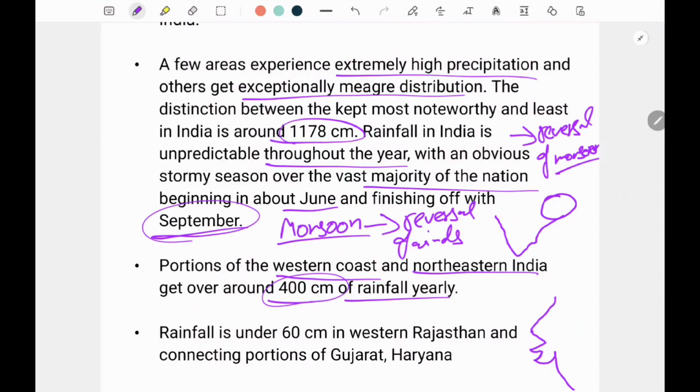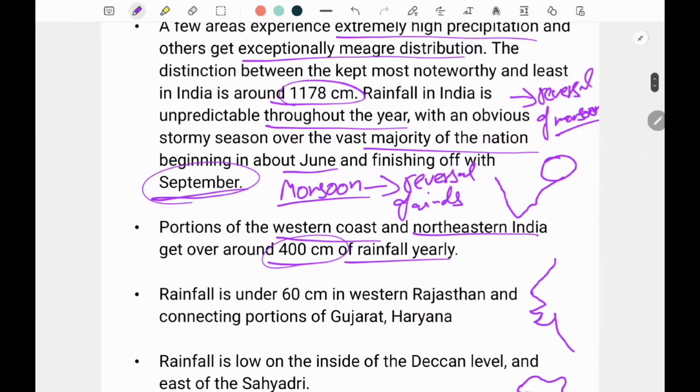There is a place called Mawsynram, which I think you might know. Tell me in the comment section in which state Mawsynram comes. Mawsynram is the wettest place on earth, where they receive more than 1000 centimeter of rainfall.